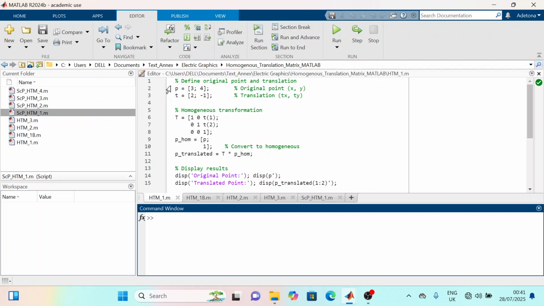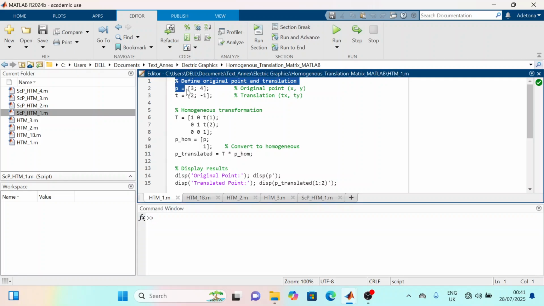this section represents generation of the object.